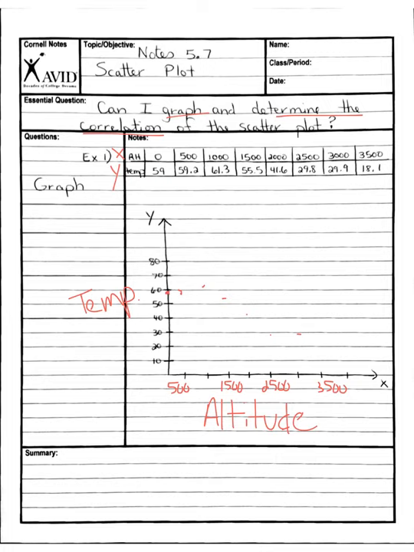And at 3,500, we're only at 18.1 temperature-wise. So these dots, and I'll try to make them a little bigger for you, represent the information in the table.